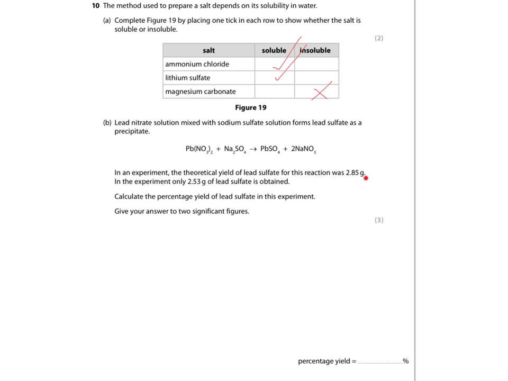Obviously this never happens, you never get 100% yield, because you always lose stuff, or the reaction doesn't go to completion, or perhaps you've got a few more extra of this particle, so it won't fully react. If you had 10 extra of these ones compared to these ones, then they couldn't all react, so you never get 100% yield. But we can calculate what percentage we've got.